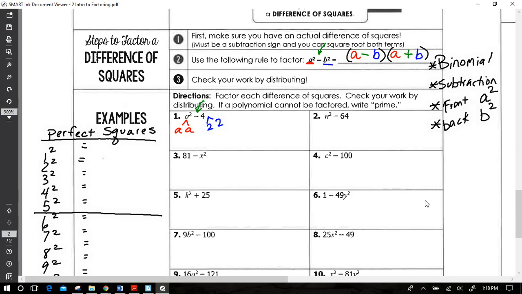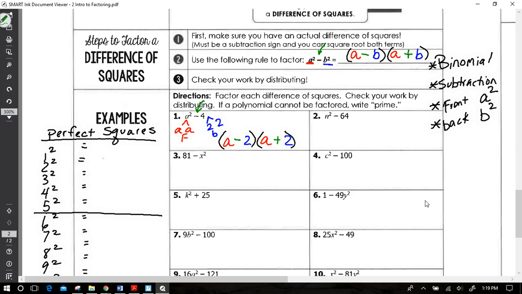So let's go ahead and write my answer. I have two binomials. I will give each one an a. Since the a squared is in the front here, it'll stay in the front when I break them up. And then the 2 is in the back here, so the backs get a 2 and a 2. And then I have to have one minus, one plus. And that's it.